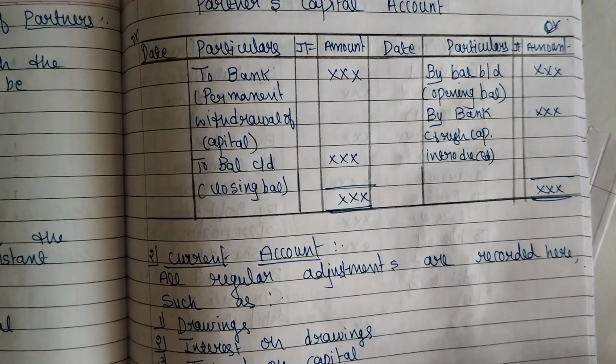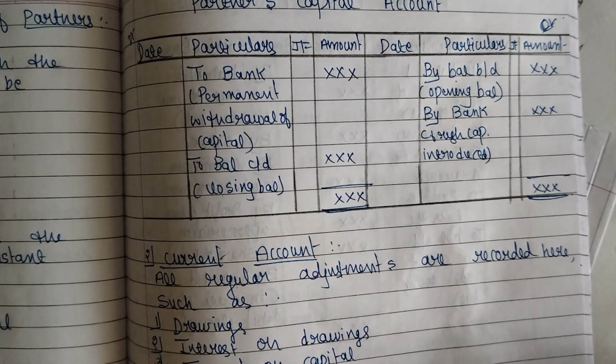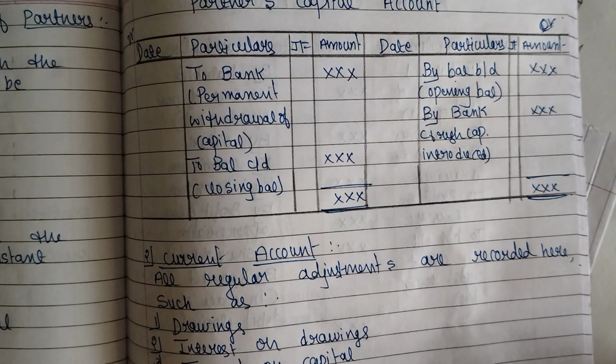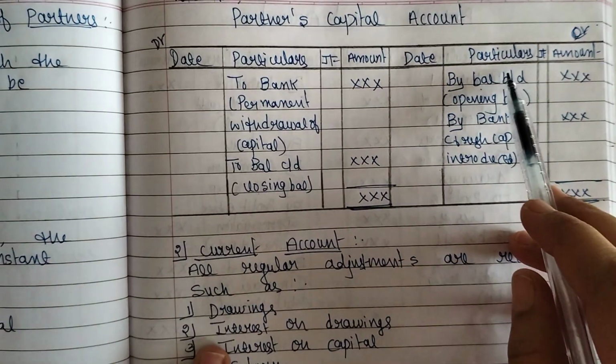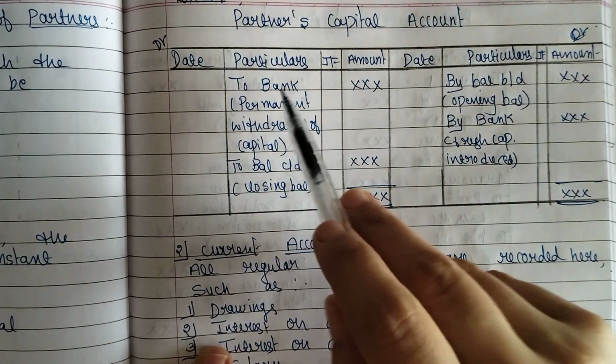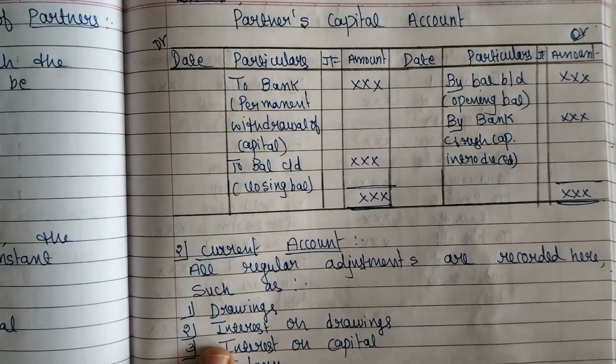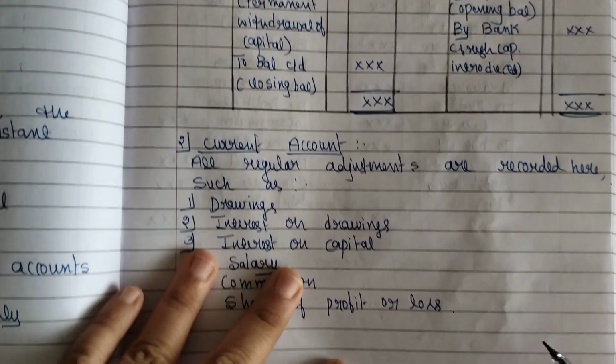So first one is here in fixed capital method, mainly two accounts are maintained. First one is capital account. Capital account shows only opening capital, additional capital and permanent withdrawal of capital. And the second account is current account.